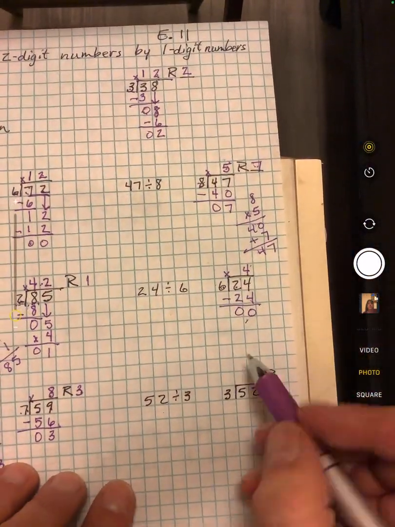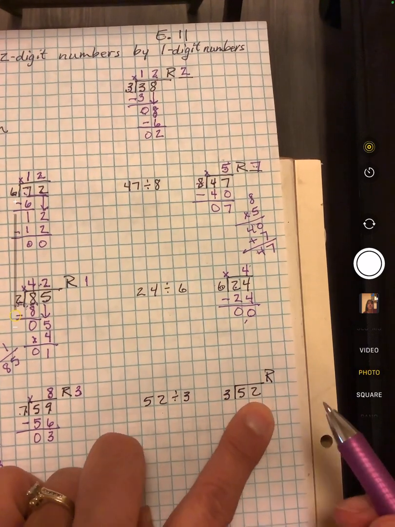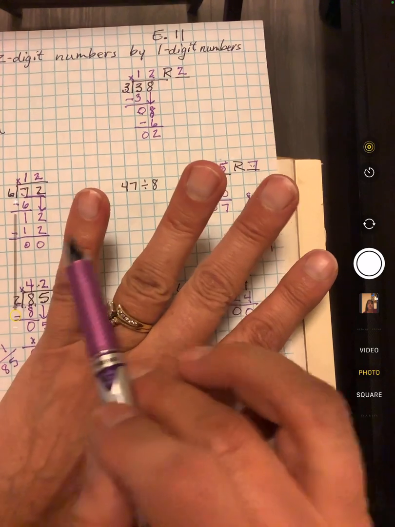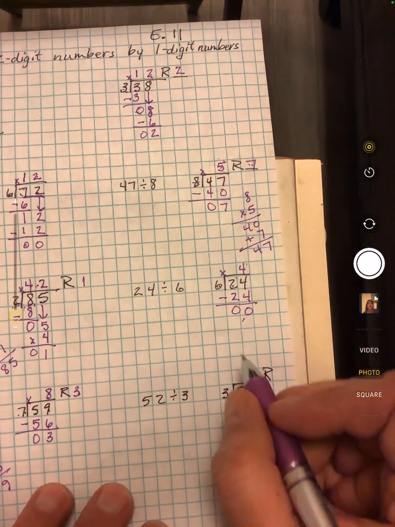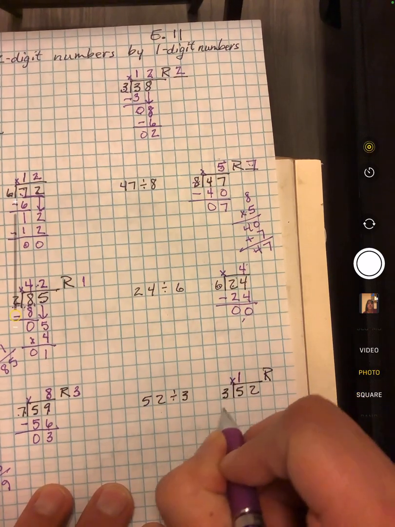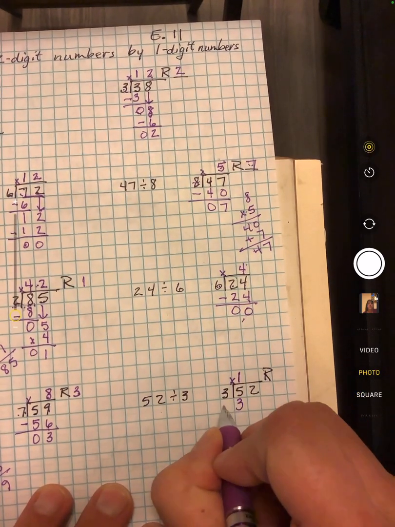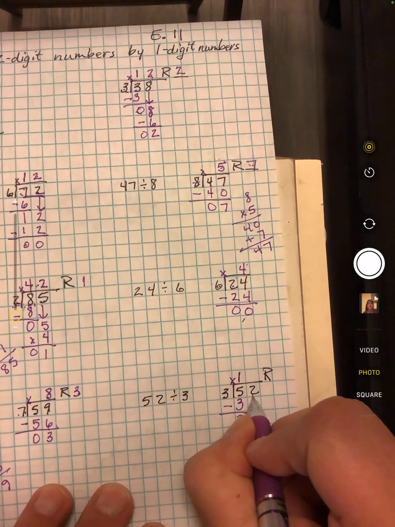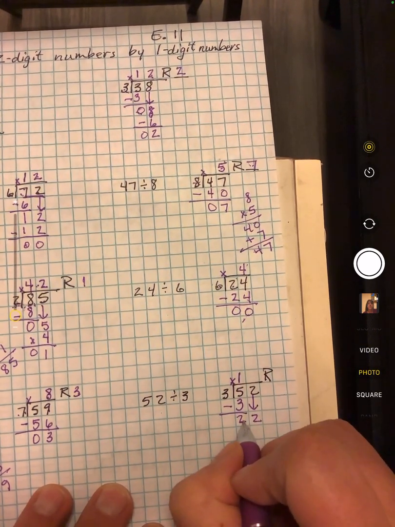One more problem. 3 into 52, okay? I have 5. Can I get a group of 3? Yep, 1, 2, 3. So it'll go in there 1 time. 1 times 3 is 3. We subtract, and we bring down the 2 right next to that 1.